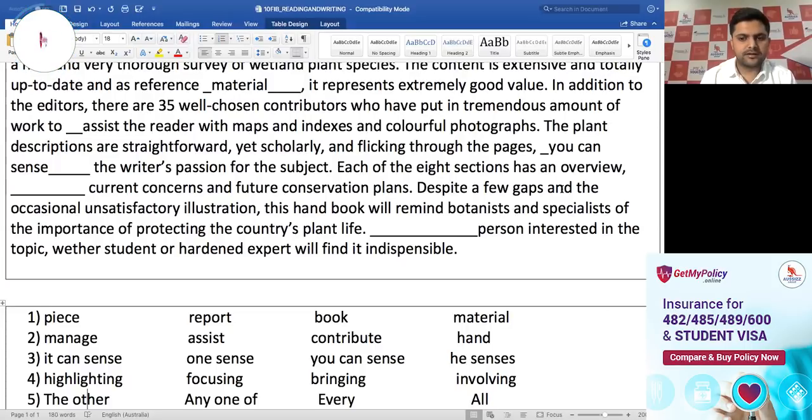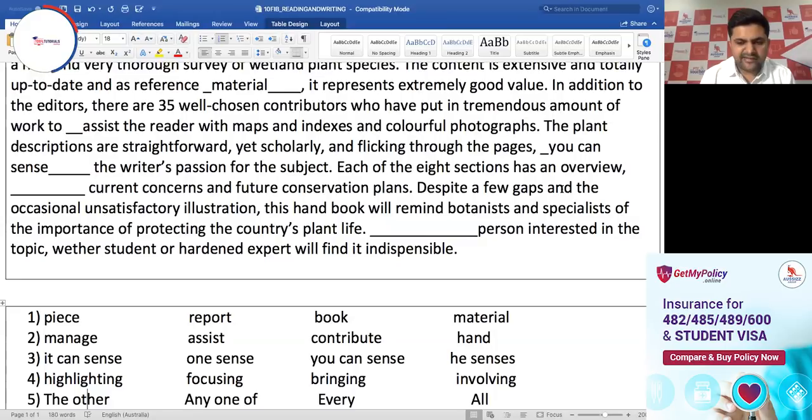So "every" is the only option that will be suitable over here. When we say "person", "every" is the only determiner that we'll be using with the word person, because it's a singular noun.